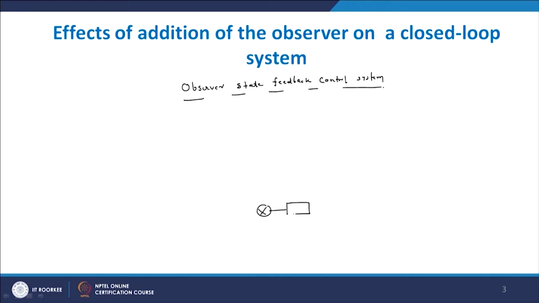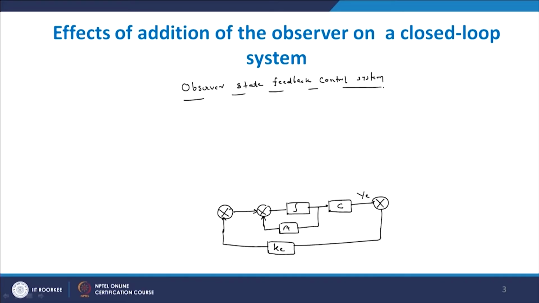Now, here is the observer, here is the A matrix, here the observer controller matrix KE, and here is the B matrix of the observer.